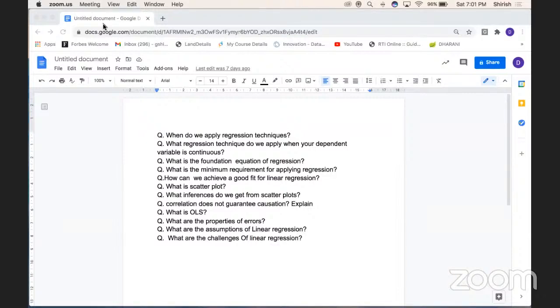So the last question was, what are the challenges of linear regression? Now, when you build a model and you think your model is perfect, if the linear regression model is perfect, what do you infer from that?